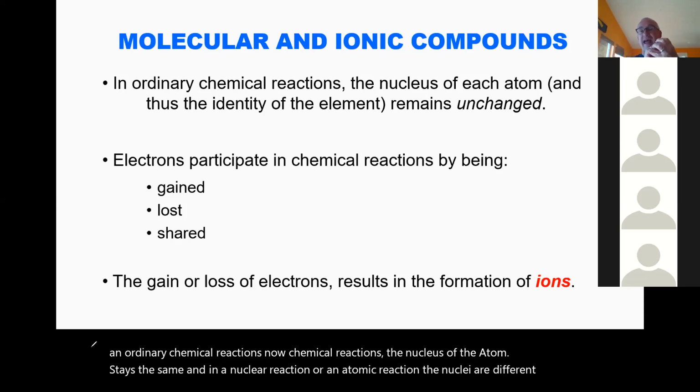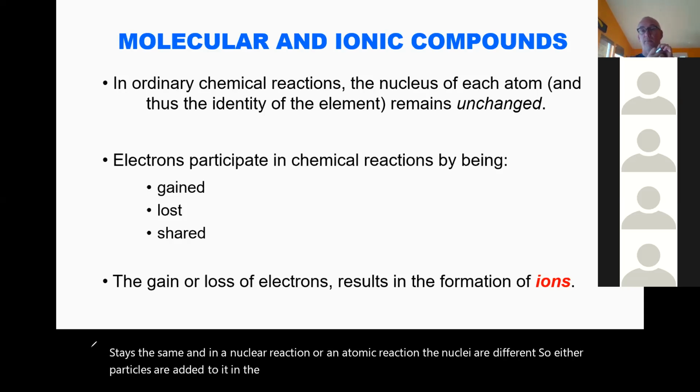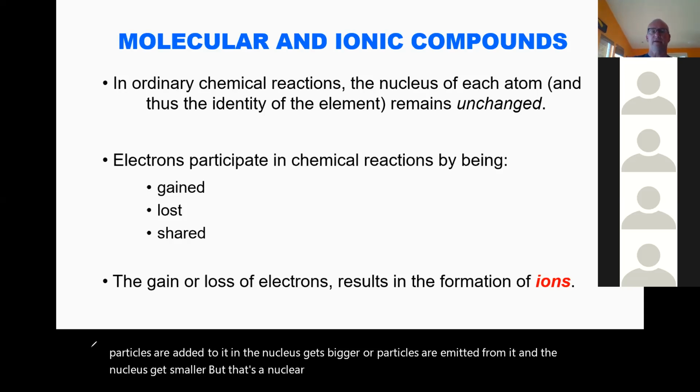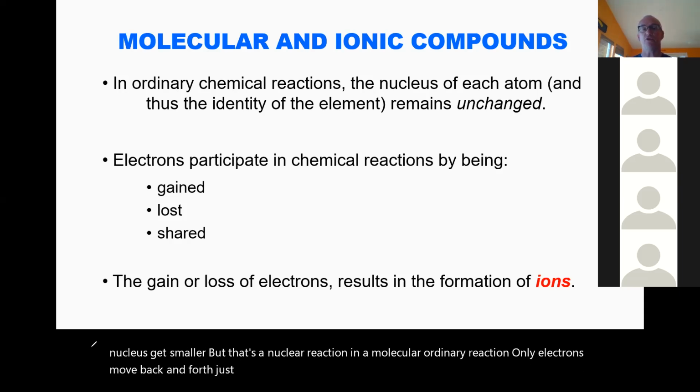Either particles are added to it and the nucleus gets bigger, or particles are emitted from it and the nucleus gets smaller. But that's a nuclear reaction. In an ordinary molecular reaction, only electrons move back and forth. The nuclei themselves stay exactly the same.